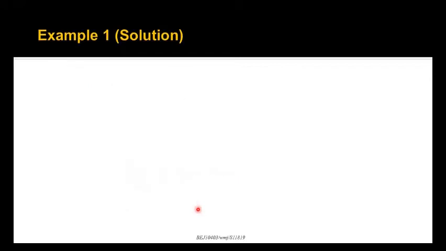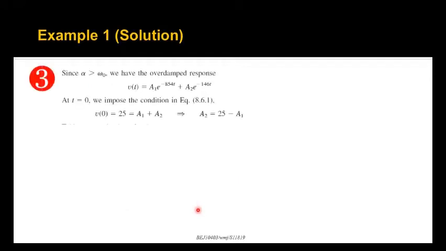Now, the third step is, we know that alpha is greater than omega naught, so it is an overdamped response. So write down the general solution with S1 and S2. At t equals 0, we impose the initial condition. So here V0 equals 25, and this is your A1 and A2.